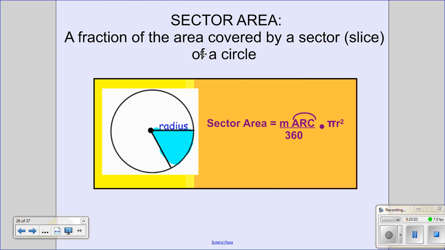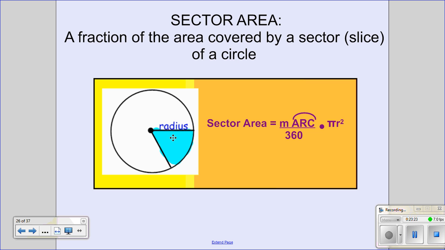And our last little tidbit on area is sector area, which we talked about prior to our last circle test. But just to remind you, sector area is nothing but a fraction of the area of the entire circle. So it's the area of a slice of a circle.